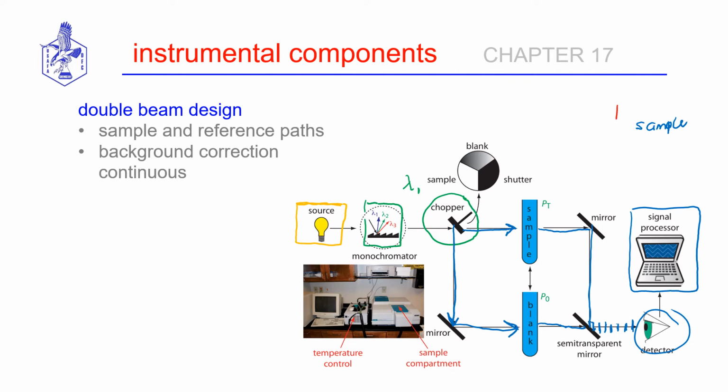The power that comes through for my sample relative to the power that comes through for the blank. So it's going to correct for any stray radiation that hits the detector, or if my solvent absorbs little tiny amounts of the radiation, it will correct for that.